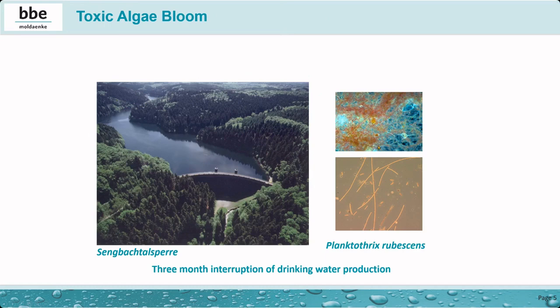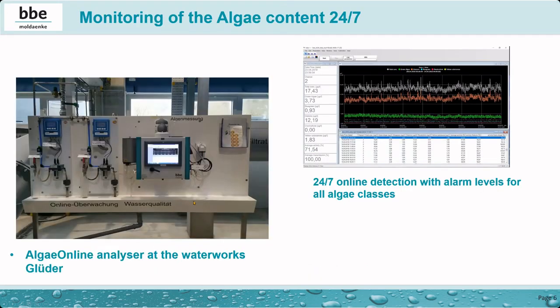It's a Burgundy blue algae, and you see that it is a network, and Planktothrix rubescens has a high toxicity in this water body. Afterwards, they installed an Algae online analyzer. You see it here as a typical installation.